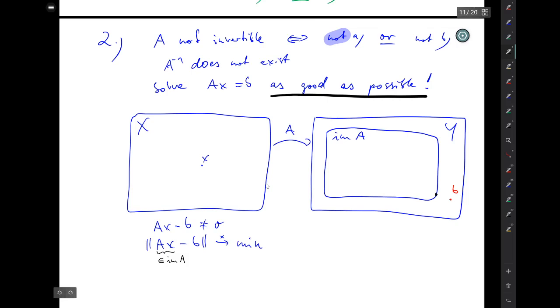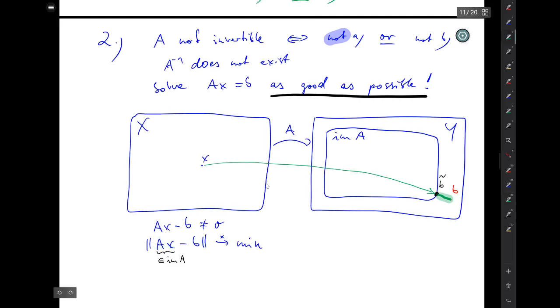Well, to me it looks like it's somewhere over here. Let me call this b tilde maybe. Okay, so I'm making this distance as small as possible, and then I get a b tilde which is in the image of A, and I can solve for that one. So I can now find a little x that is mapped onto here. So the length of the green line here is just the expression that you get here, or let me write it differently.